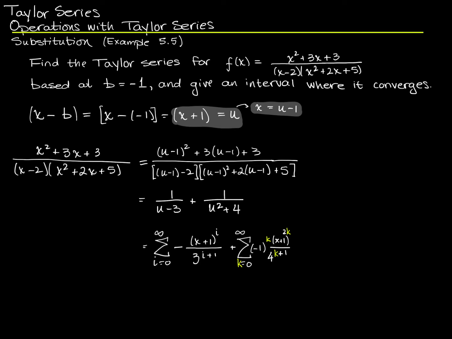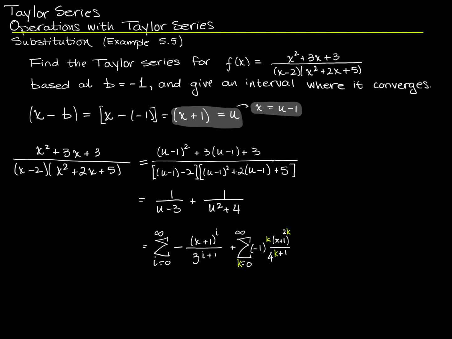Okay, now that everything is in its new place, let's take a quick look at the situation and make an observation. The only thing that this sum and this sum have in common is that there's a factor of x plus 1 in both of them. Now, your course pack continues to write this as x minus negative 1, but ultimately that becomes x plus 1.